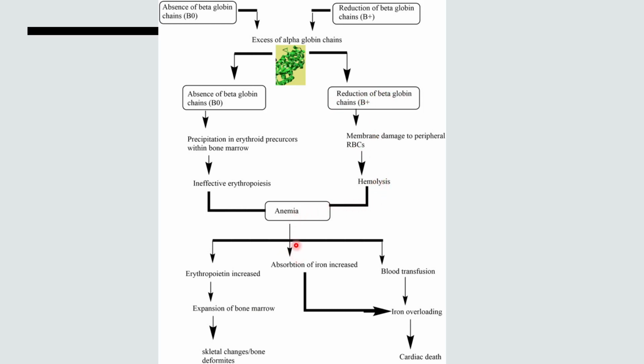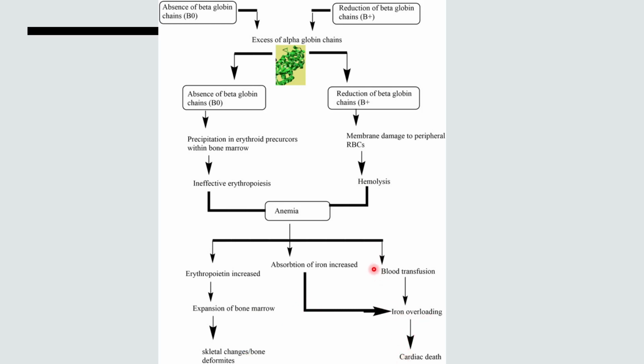And anemia leads to three types of consequences. It can be erythropoietin increased, absorption of iron increased, and blood transfusion. If erythropoietin is increased, it leads to expansion of bone marrow and skeletal changes, which can be called bone deformities. Fine. If absorption of iron increases, that leads to iron overloading, which leads to cardiac death.